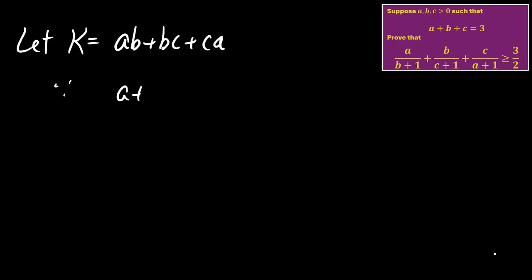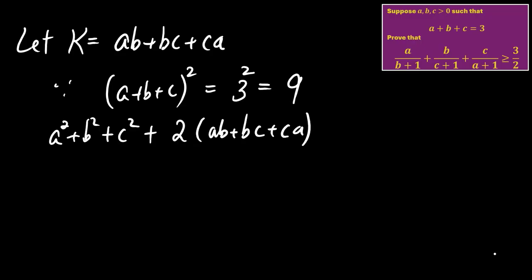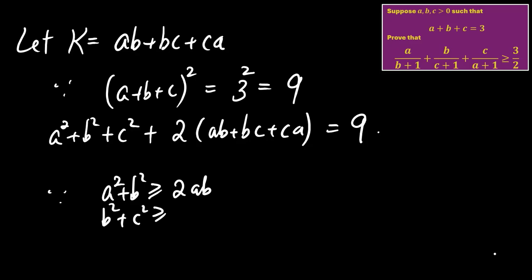Since a plus b plus c equals 3, the square of it equals 9. And the square of a plus b plus c is a squared plus b squared plus c squared plus 2 times (ab plus bc plus ca). Using AM-GM inequality, a squared plus b squared is greater than or equal to 2ab, b squared plus c squared is greater than or equal to 2bc, and c squared plus a squared is greater than or equal to 2ca.